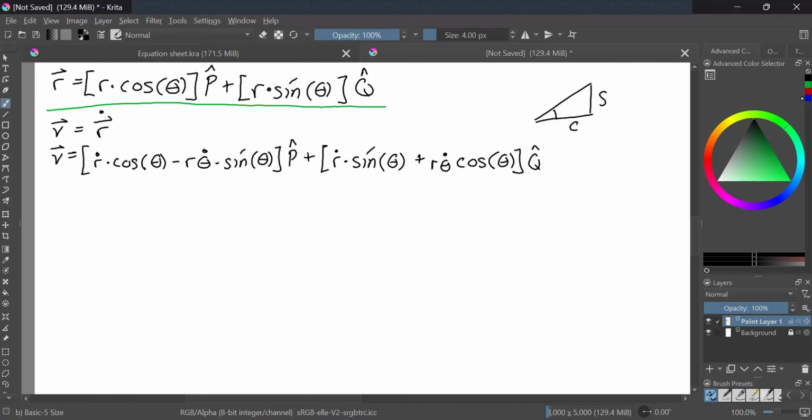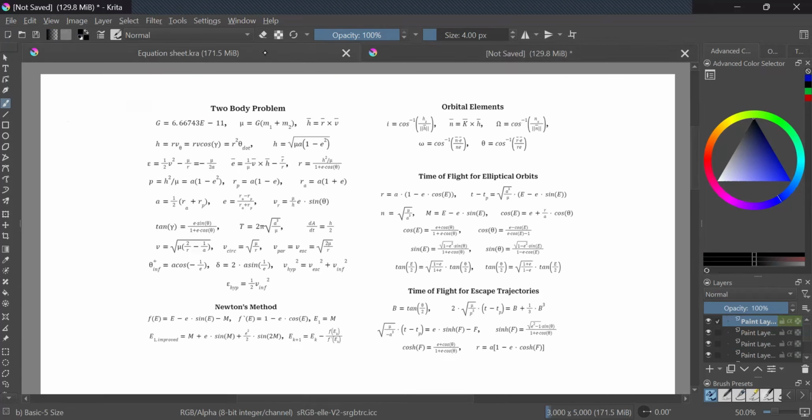Now, we have this set up in velocities. We have r dot and we have r theta dot. So with that, we can make it more complicated before we make it more simple by going over to our equation sheet and seeing that, hey, v sub r is the same as r dot.